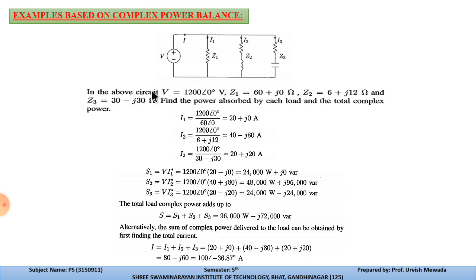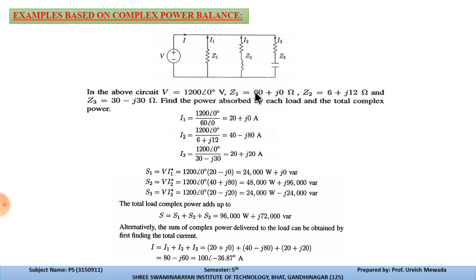Now find out the absorbed power, meaning the power absorbed by each load. This is a load, this is also a load, this is also a load; all three branches have different elements, so all three branches will consume different power. So we need to calculate the power of all three branches. This is the task given for this example.